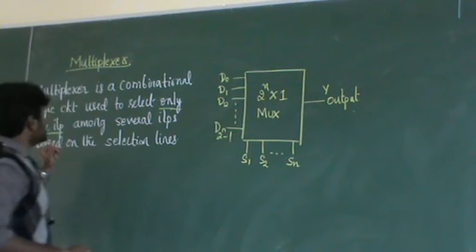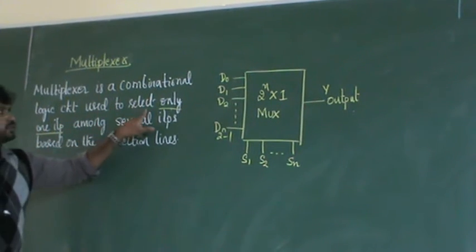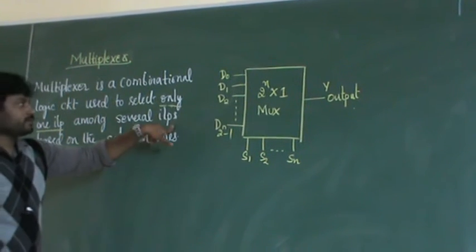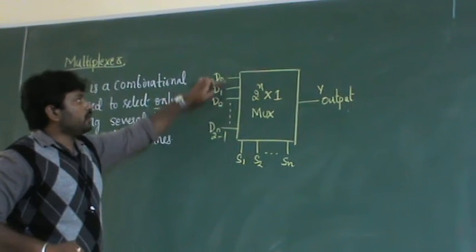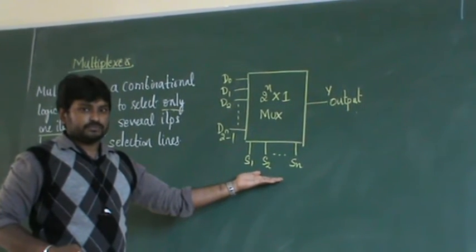So what does the definition say? It is a combinational logic circuit used to select only one input among the several inputs. It will select only one particular input among the several inputs based on the selection lines.